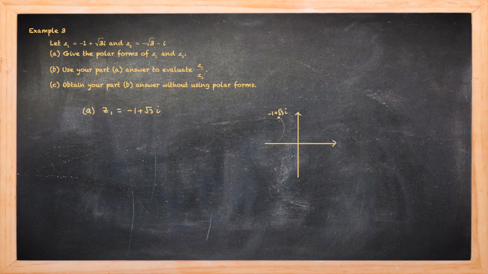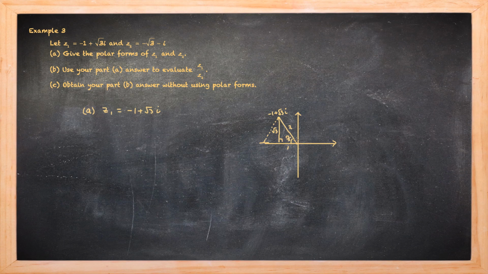And we're trying to find that equilateral triangle that we talked about. That's length 1, that's root 3, and that's 2. So there is the equilateral triangle. So this angle in particular is pi upon 3.